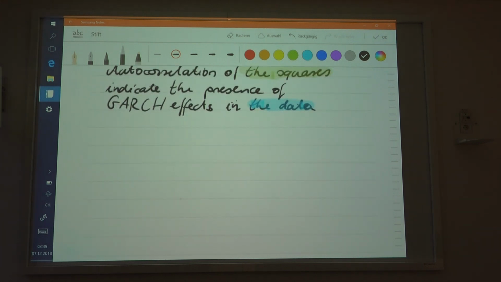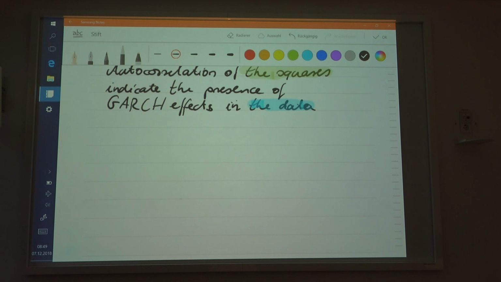We have two tests that we can apply. The first one is the Stochastic test, and the second one is the Ljung-Box test, depending on the test statistic.